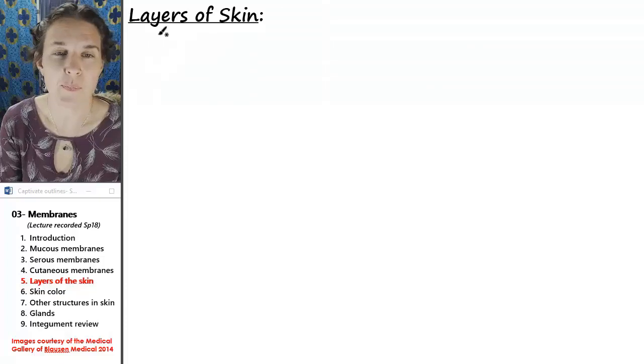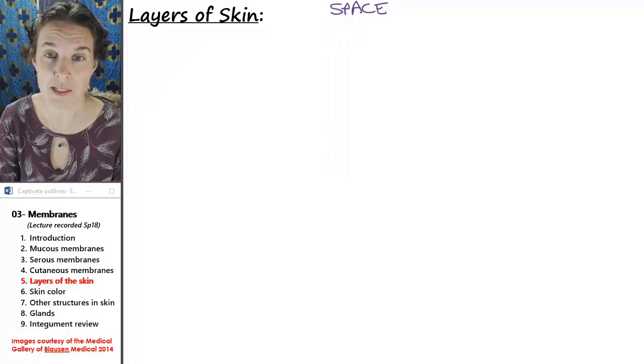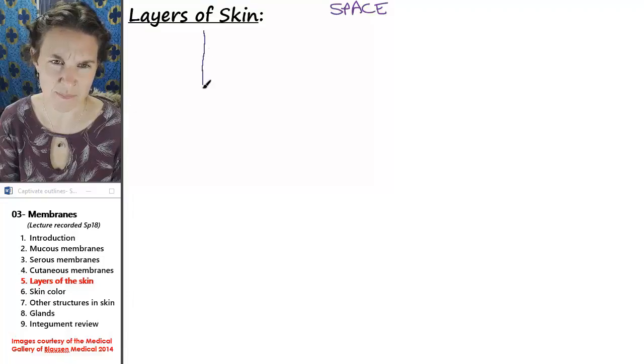All right. Nobody knows how I'm going to draw this. This is going to be my space. So I'm going to draw my epidermis on top and my dermis on bottom. It's going to look very lovely.